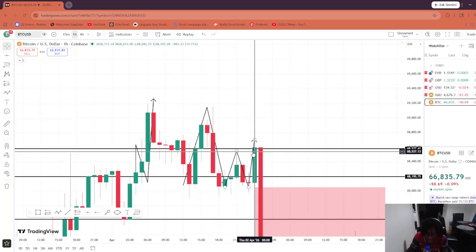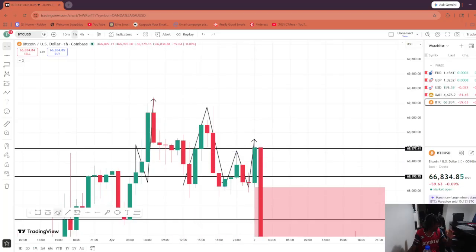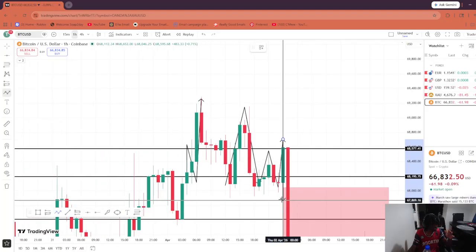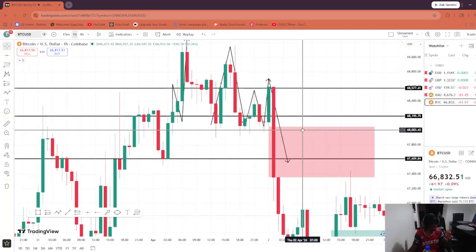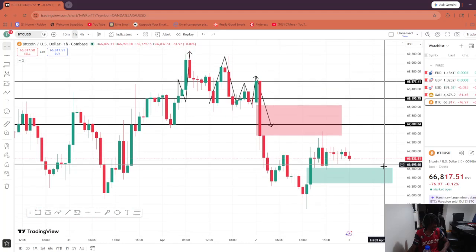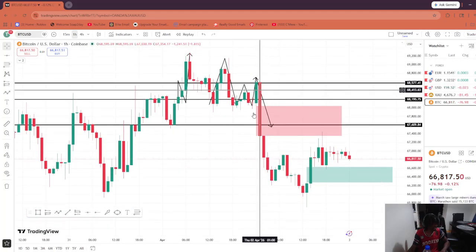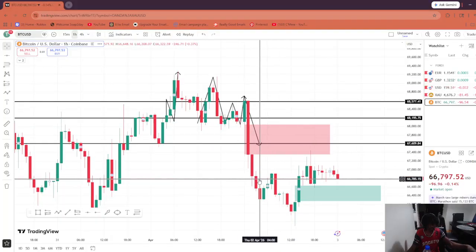Because now price changed direction, okay? So now we go into a continuation to the downside, which we had a nasty dump. And this is the type of setups you would want to be in. And this is straight profits, as you can see.